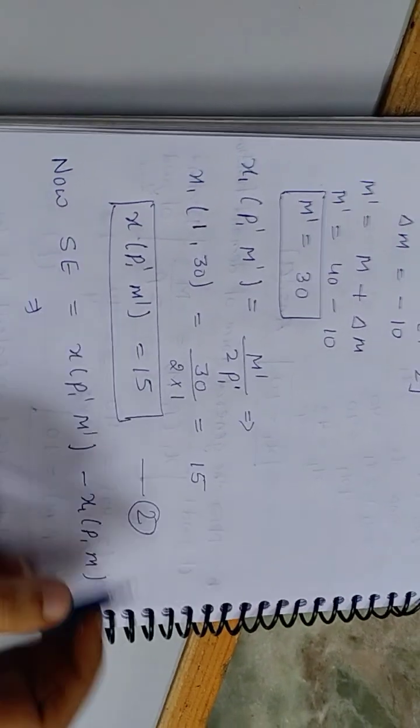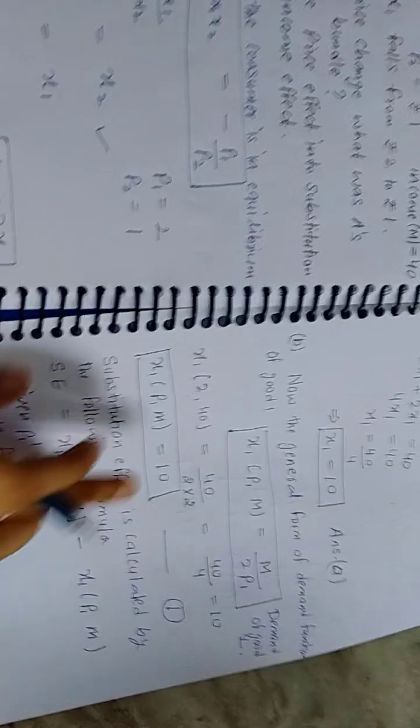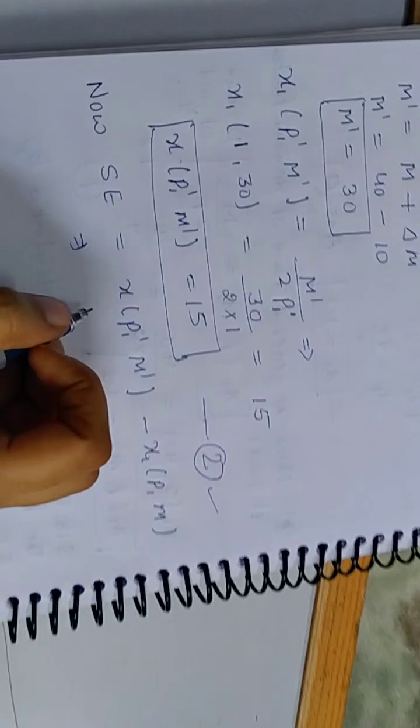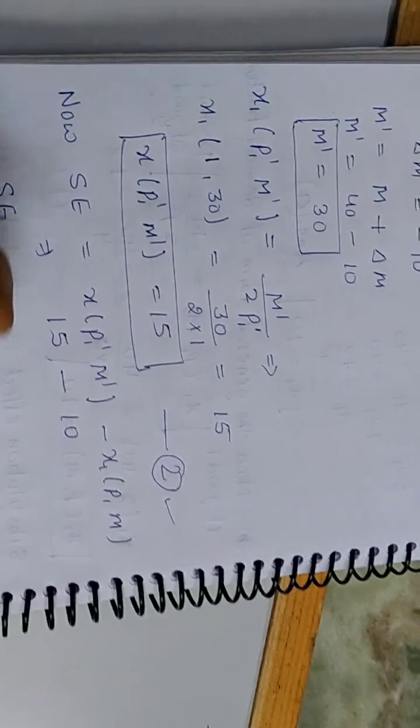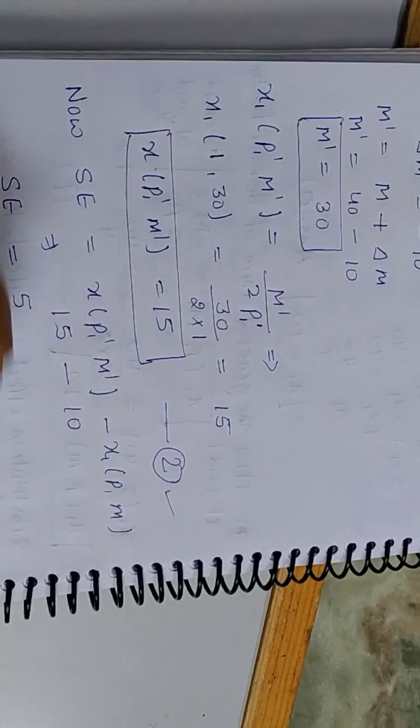From equation 2 and equation 1, we substitute 15 minus 10. So the substitution effect would be 5.